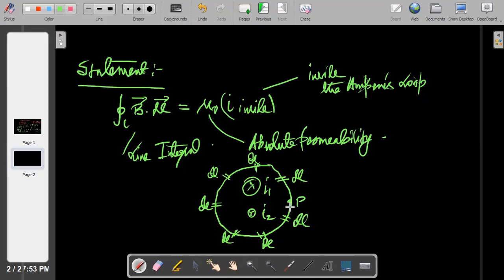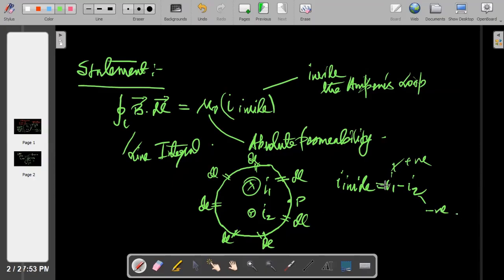So dl constitutes the small segment, and you are doing the line integral from this point to this point, again from this point to this point. To find the actual B dot dl, it will be nothing but mu naught into I inside. What is I inside here? It is nothing but I1 minus I2, because I1 is positive, as I told, and this is negative.